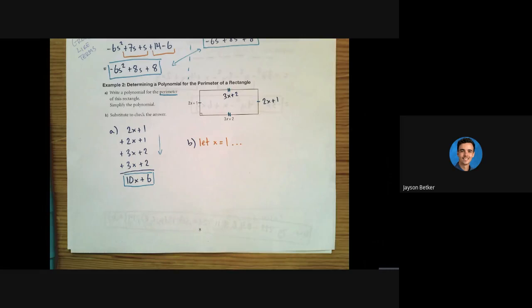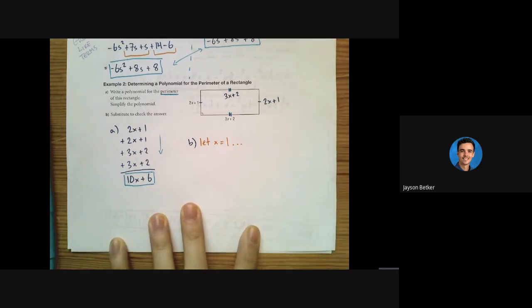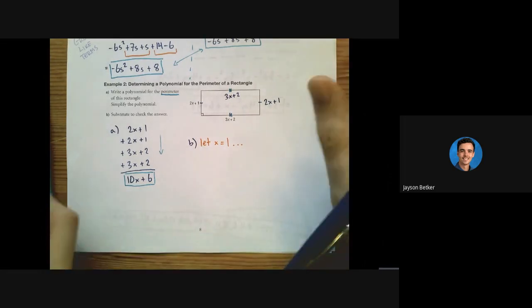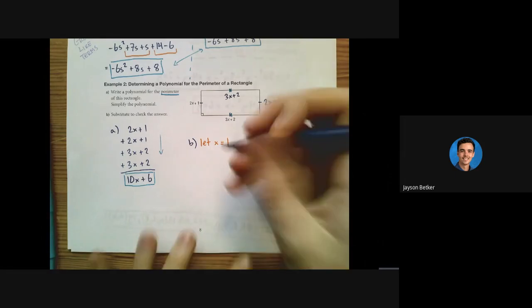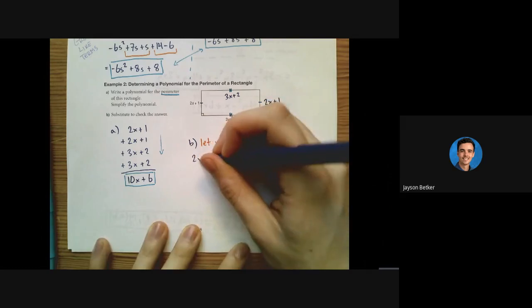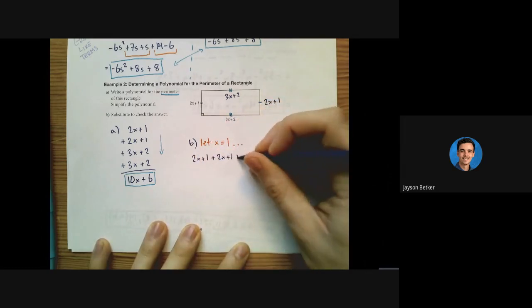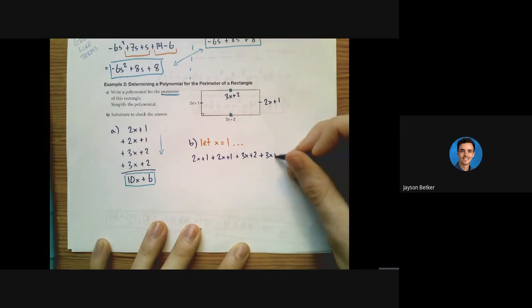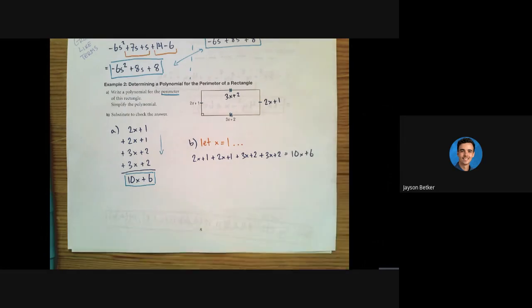So what I'm going to do is write this out as a horizontal. I'm going to write out the full addition sentence, we call it, with quotes, okay? The full addition sentence, meaning the left side and the right side are both going to be in here. So I'm going to have 2x plus 1 plus 2x plus 1 plus 3x plus 2 plus 3x plus 2 equals 10x plus 6.